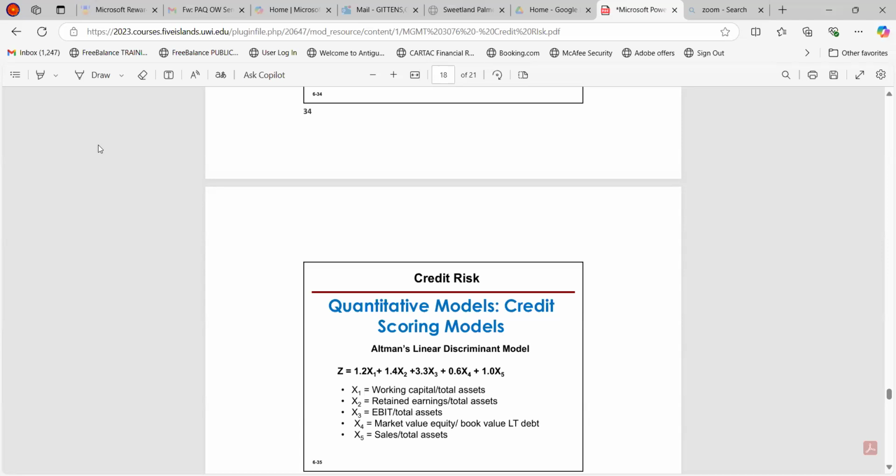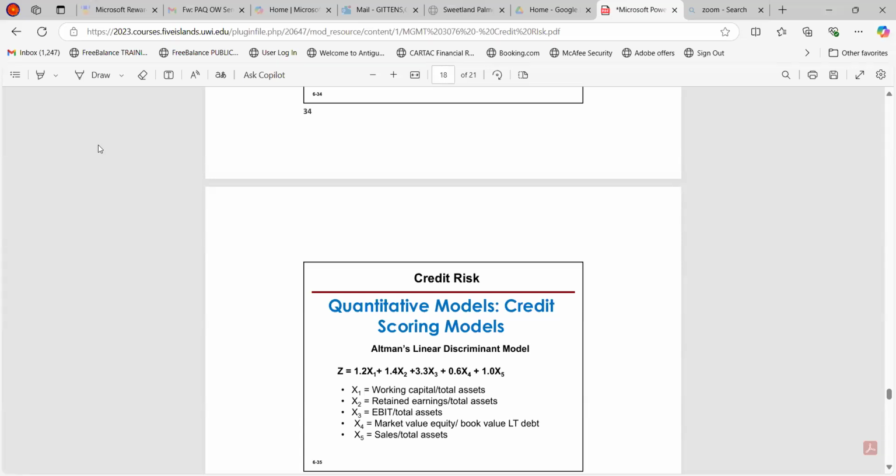And if your earnings before interest and taxes is not enough for your net income to be positive, then that's going to affect your default rate.